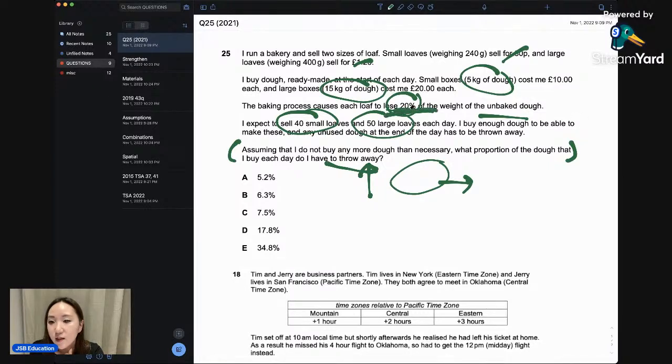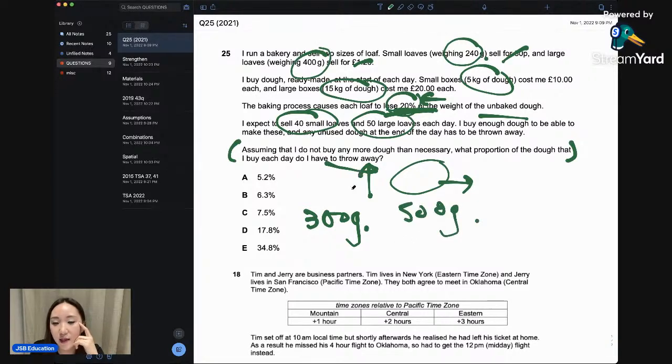So first things first, we need to do this calculation. 20% of the weight is lost through baking. So if the small loaf ends up being 240 grams, that's 80% of the original. So divide that through: it would have been originally 300 grams of unbaked dough. And for the 400 gram larger one, it would have been 500 grams originally.